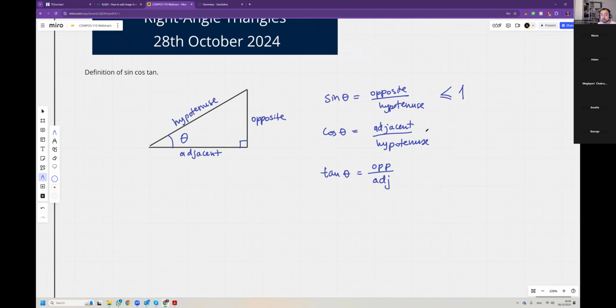Similar for cosine, because the adjacent is always smaller than the hypotenuse, the cosine will always be less than 1. For tangent, well, opposite over adjacent, there's no limit. It could be anything. Well, if the upper limit of sine theta is 1, what do you think the lower limit of sine is?